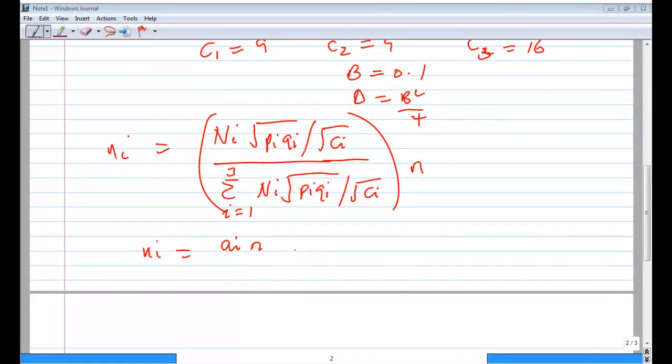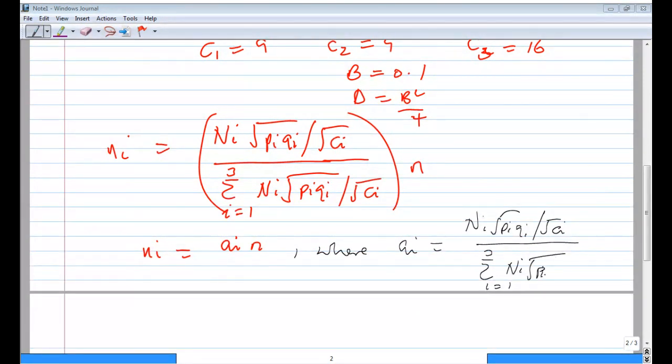So that means our Ai is equal to Ni times the square root of Pi Qi divided by the square root of Ci, divided by summation i is ranging from 1 up to 3 of Ni times the square root of Pi Qi divided by the square root of Ci. So this is our Ai.